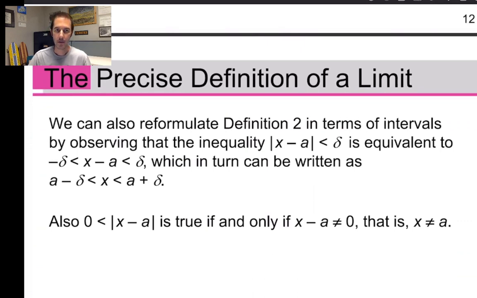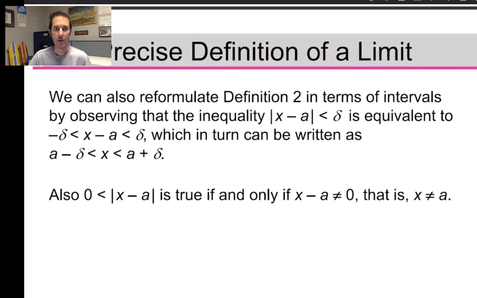We can take an absolute value statement like this one, and since the absolute value expression is isolated on the less than side, we can write this as a compound inequality that says x minus a is less than delta, and then we take that same inequality symbol and we take the opposite of the delta, we put it over here and make it negative delta.